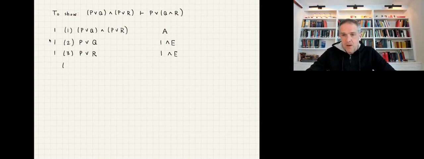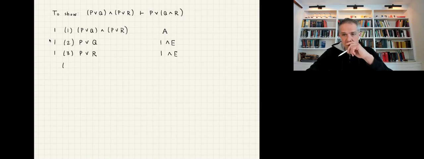Now this is a little bit complicated, what's going to happen next, but if you think a bit geometrically, it's not too bad. What we've got now is two disjunctions, P or Q and also P or R. Basically there are four total possibilities.